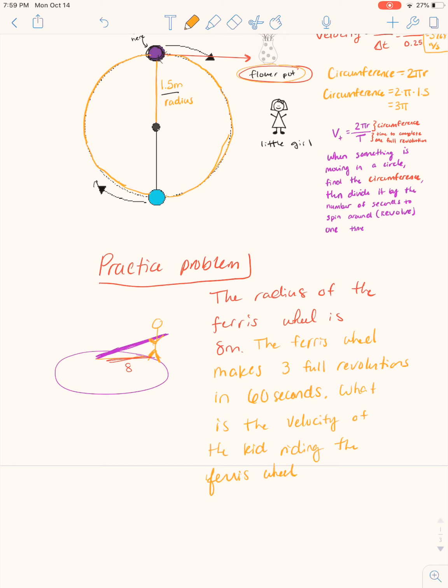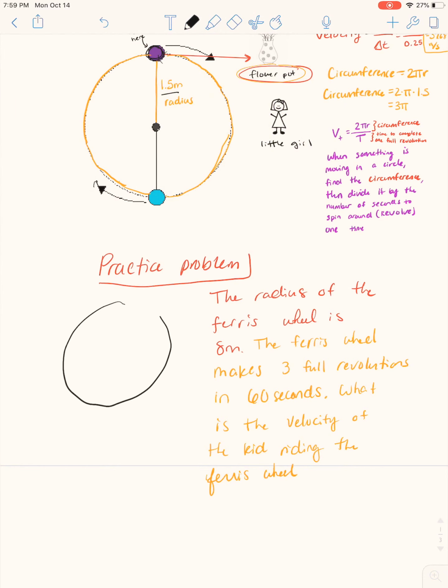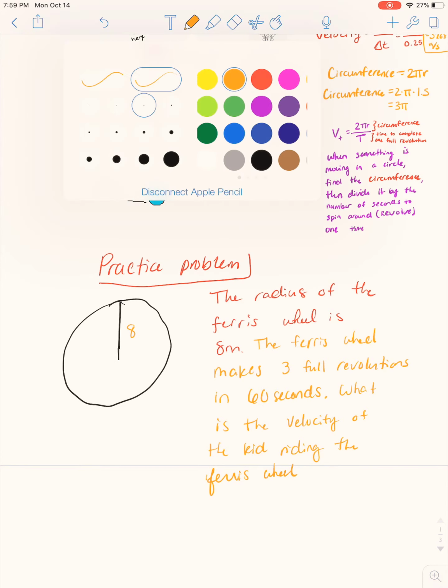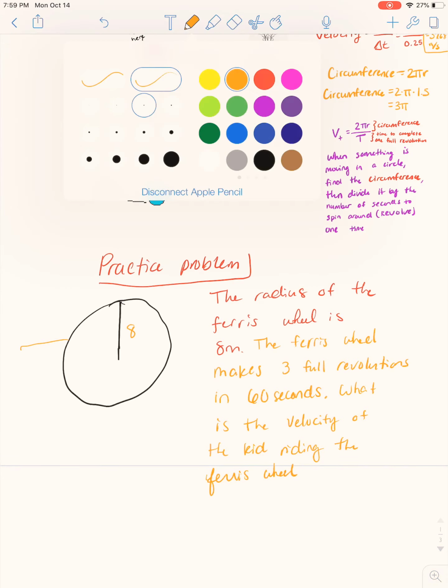I just realized Ferris wheels don't look like this, so I'm going to make this more appropriate. So Ferris wheel, it's a really tiny one, look like this. So this is going to be 8 meters, and might be a little cart, make it red.